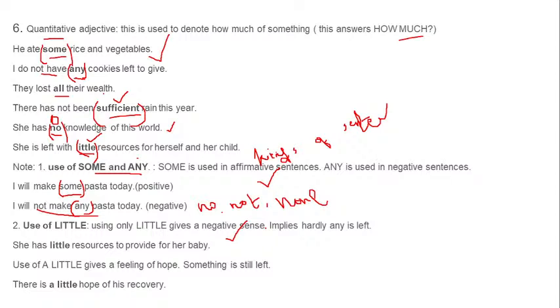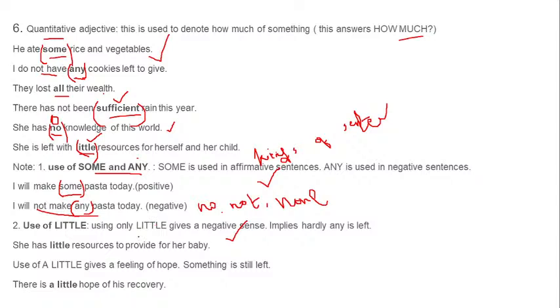But sense means the meaning of the sentence. What meaning is it implying to you? Take, for example, she has little resources to provide for her baby. So what is the meaning coming out? That she does not have much resources left with her. There is very little resource with her right now. So the sense is a negative one. We are getting worried that the amount of resource is not very much.